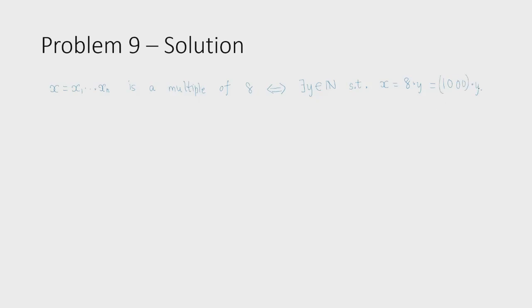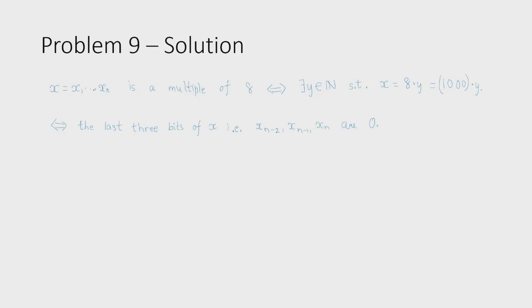Now y is an integer, so if you multiply this out, you would see that this is the same as saying that the last 3 bits of x, that is xn minus 2, xn minus 1 and xn, are 0.